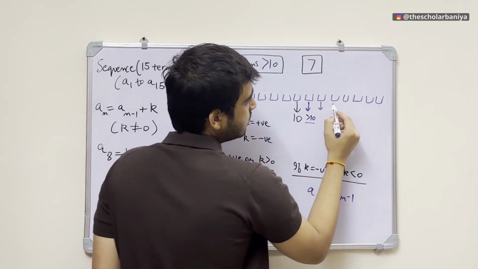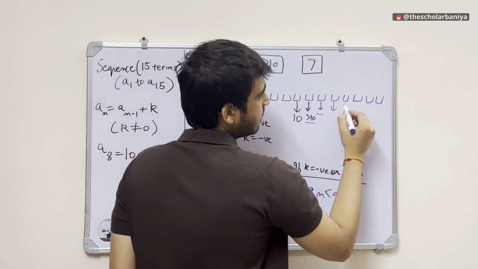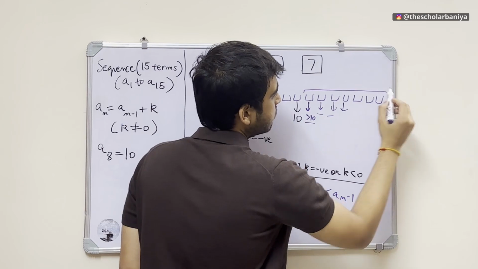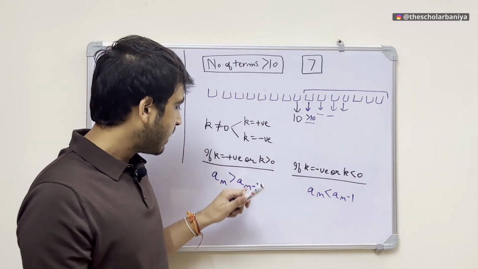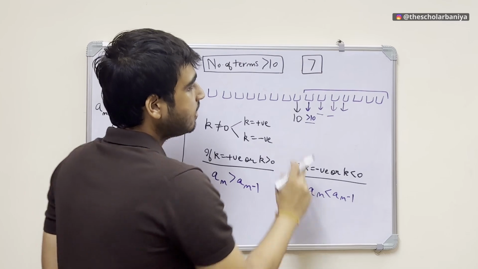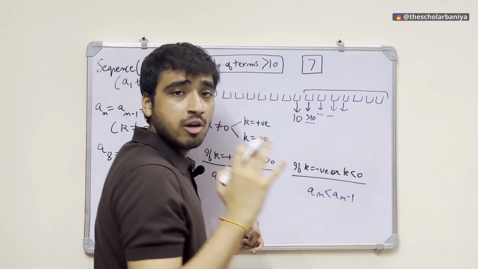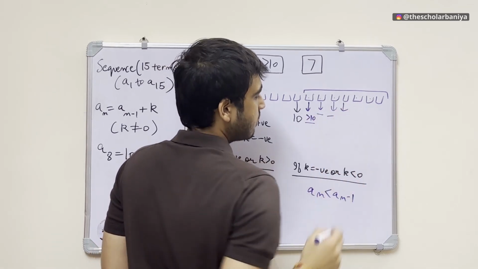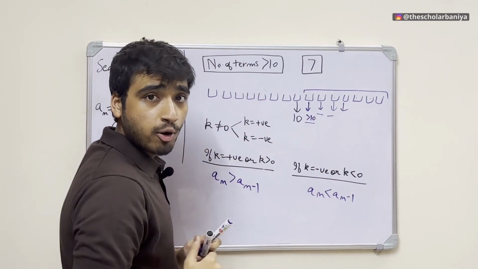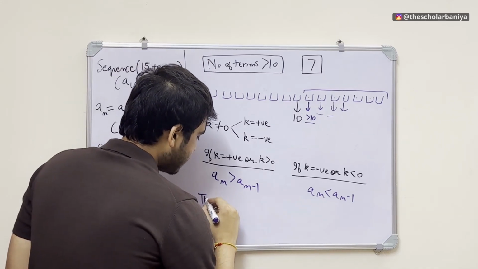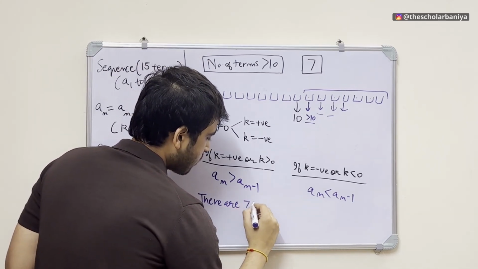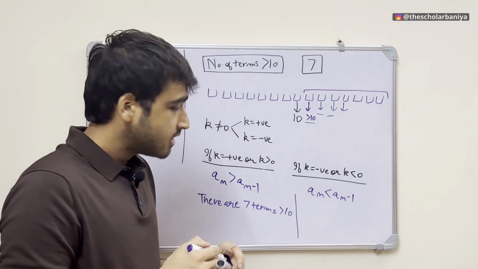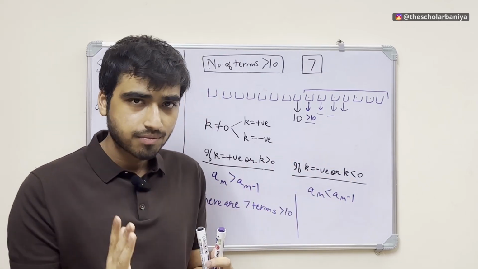So automatically all the terms to the right of 10 will be greater than 10 if k is positive. That means 1, 2, 3, 4, 5, 6, 7. So if k is positive, there are 7 terms greater than 10.